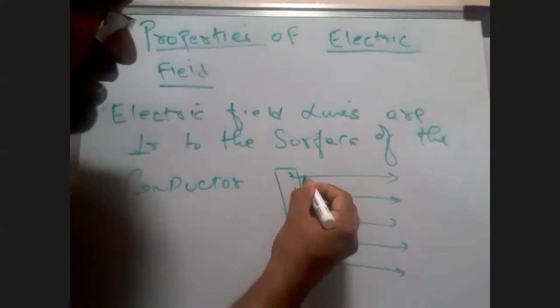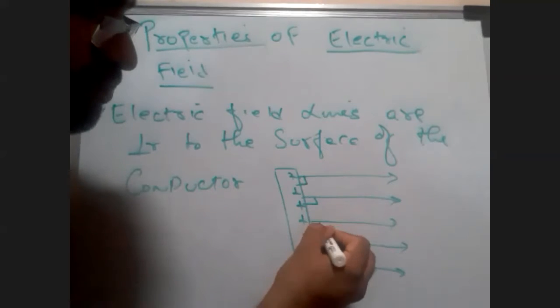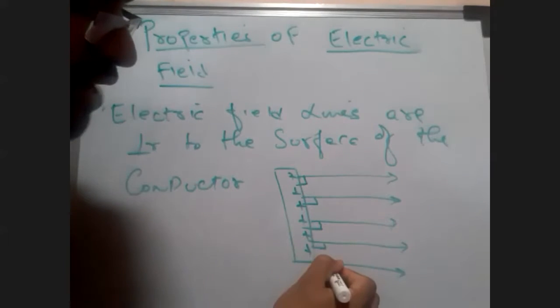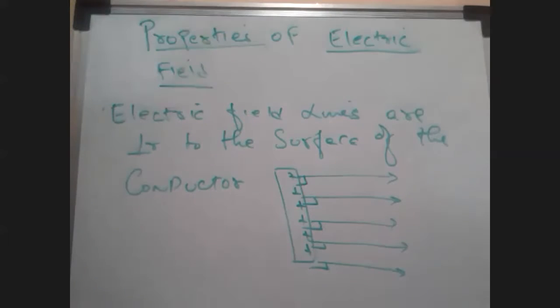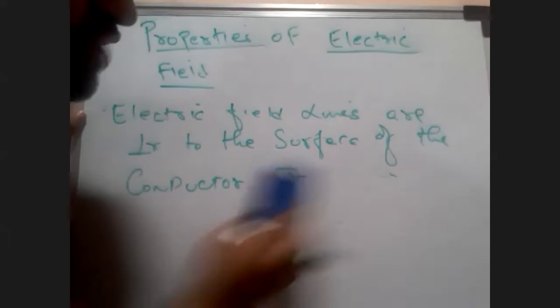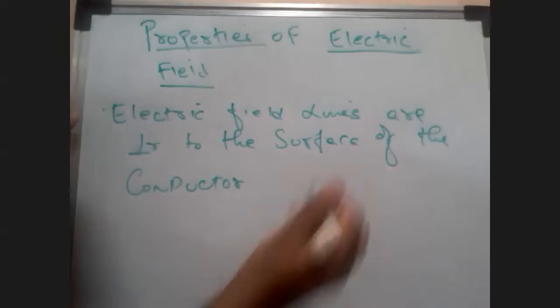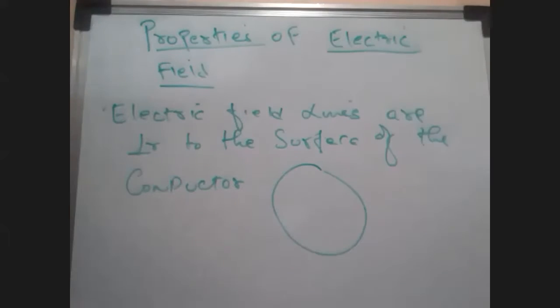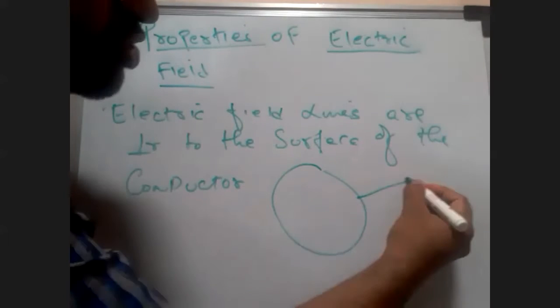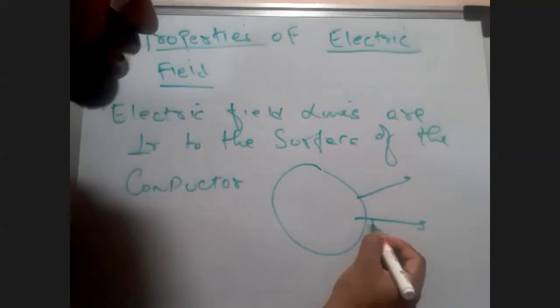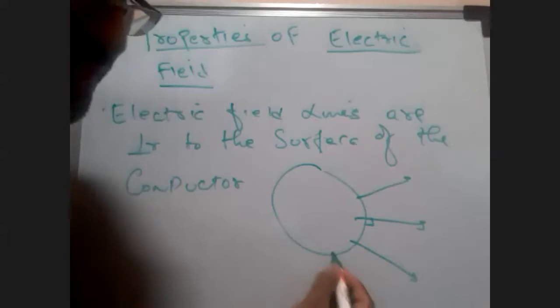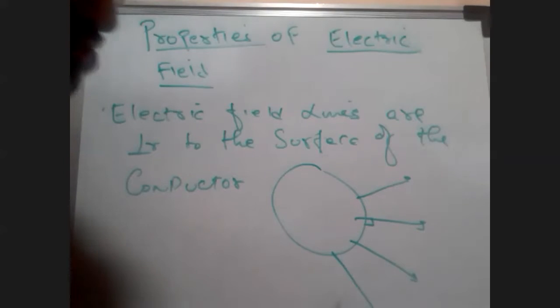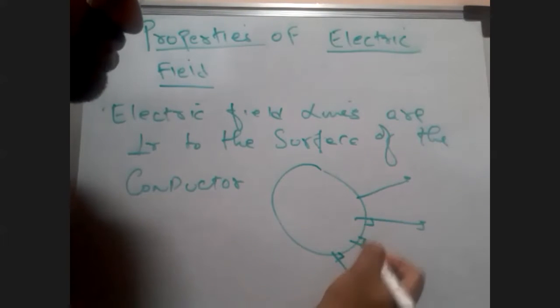Perpendicular simply means they make 90 degrees with the surface. Similarly, if you take a sphere, the electric field lines emerging out of it will be like this, at 90 degrees to the surface.